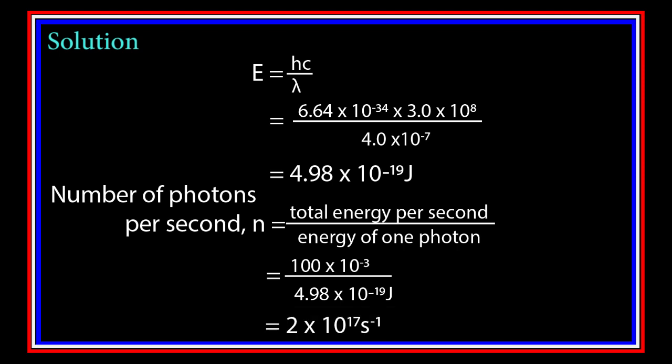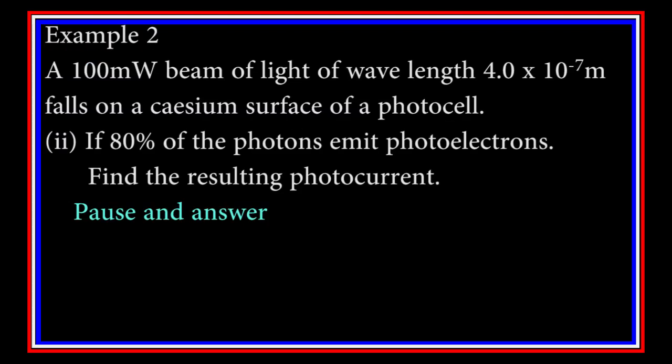This is equal to 2 times 10 to the power 17 photons per second. 2. If 80% of the photons emit photoelectrons, find the resulting photocurrent.